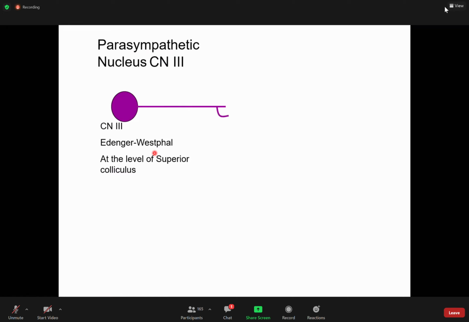From here, we have the preganglionic fibers, which are going to go to the ganglion, and this ganglion, the ciliary ganglion, is present inside the orbit. So the third nerve is going to carry the parasympathetic fibers all the way down into the orbit where your ciliary ganglion is.